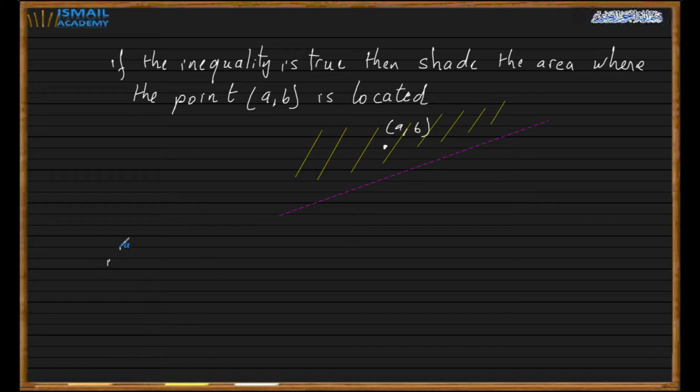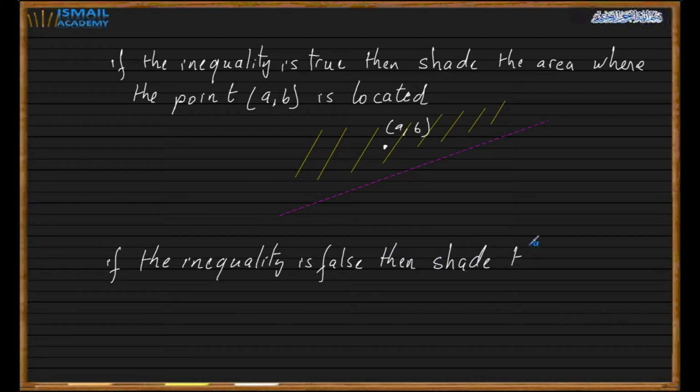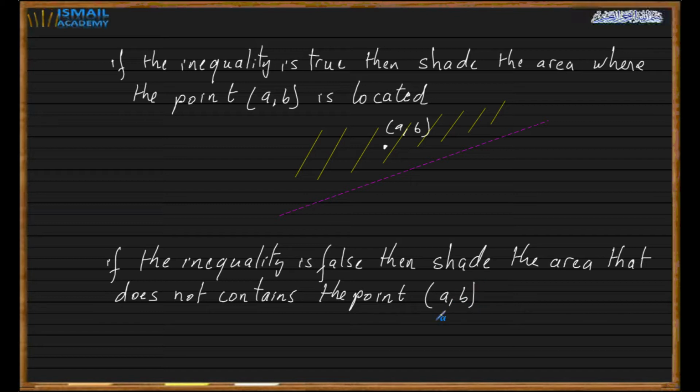The second case is if the inequality is false, then shade the area that does not contain the point (a, b).